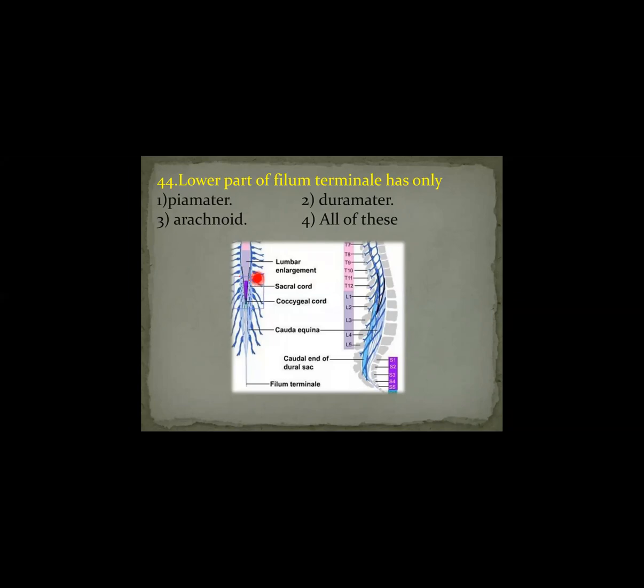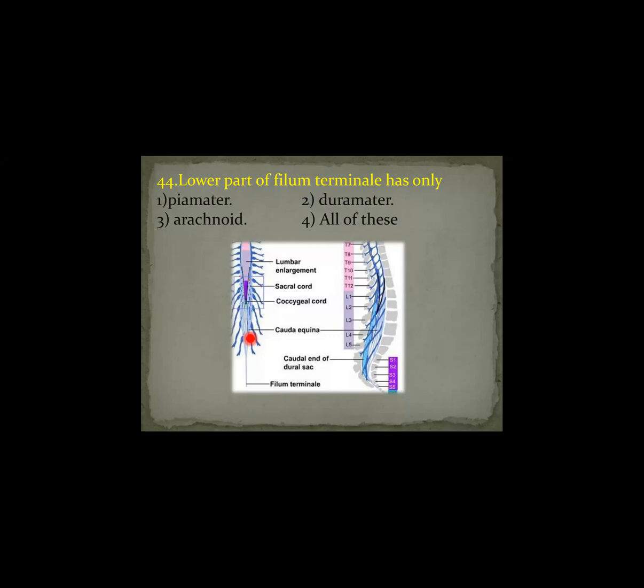The pointed end of the spinal cord is called conus medullaris. And here the spinal nerves extend posteriorly, and they form a tail-like structure like a horse tail. That horse tail-like structure is called cauda equina.